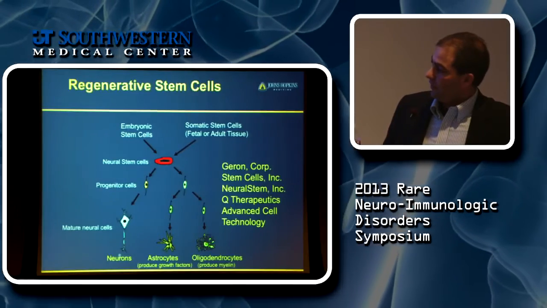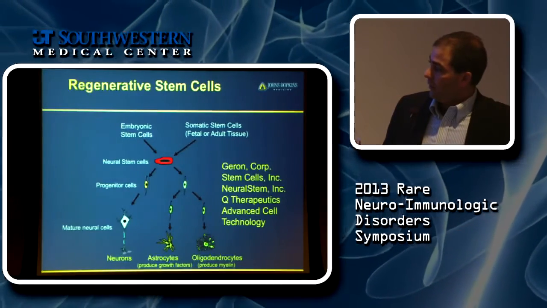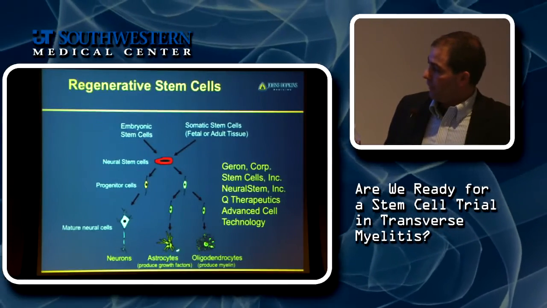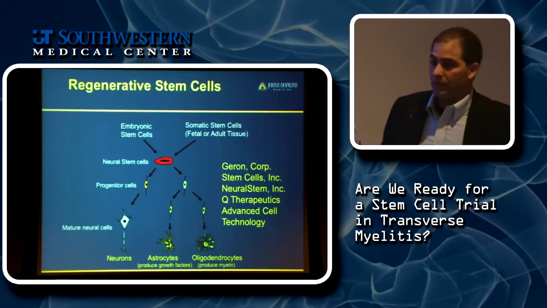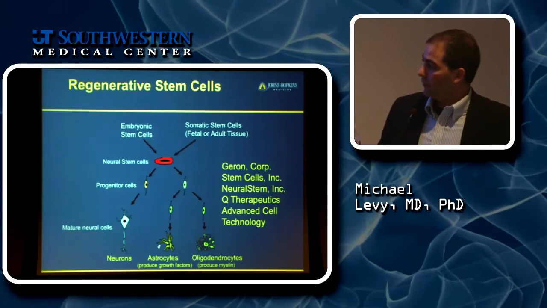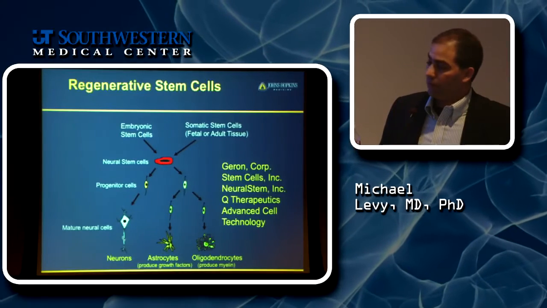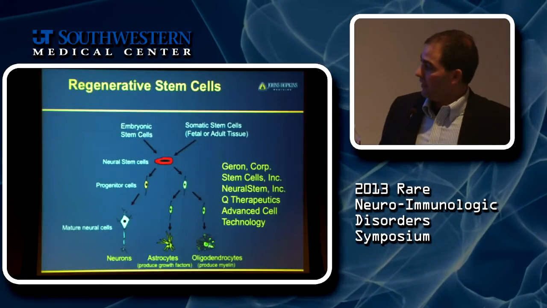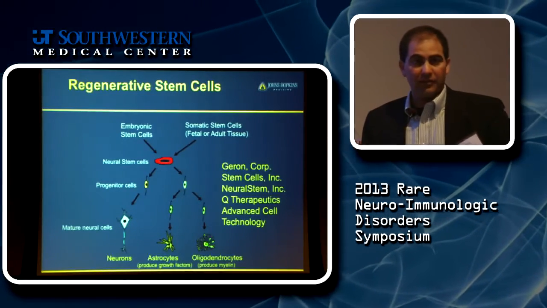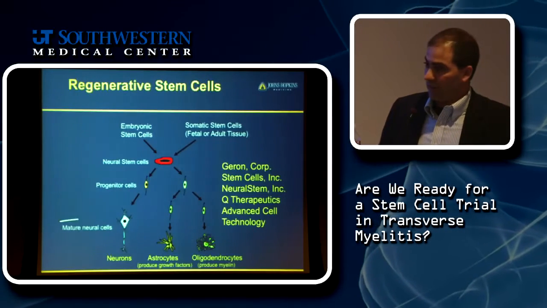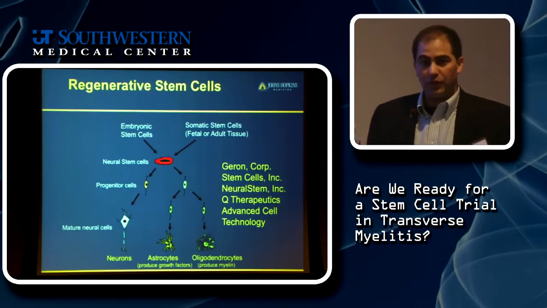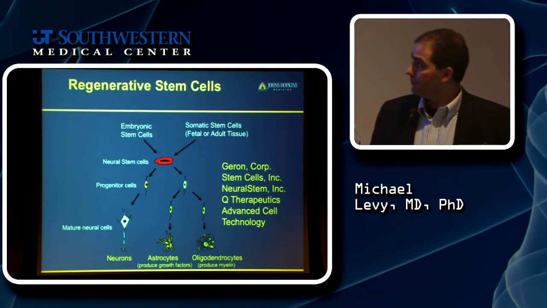And I list them here. You want to make neurons, you want to make astrocytes, or you want to make the myelin-producing cells. Astrocytes are supportive cells, neurons are the cells that help you move, and oligodendrocytes are the cells that make myelin. Ultimately, a combination of these is what you need in your spinal cord to regenerate.